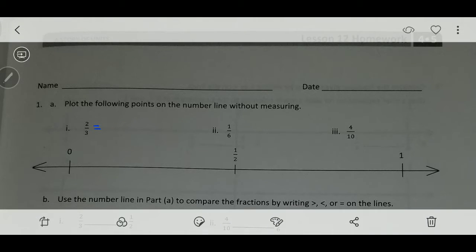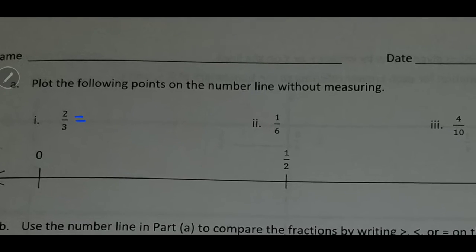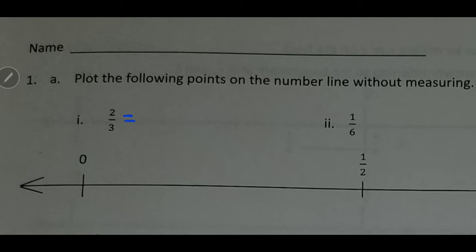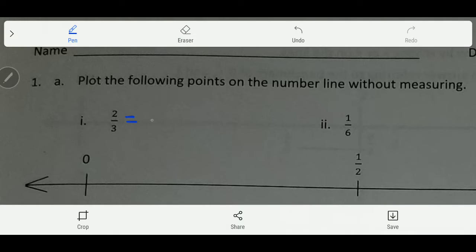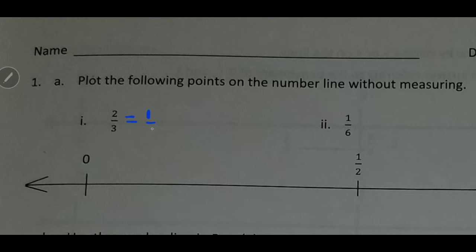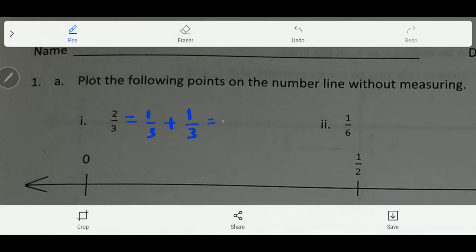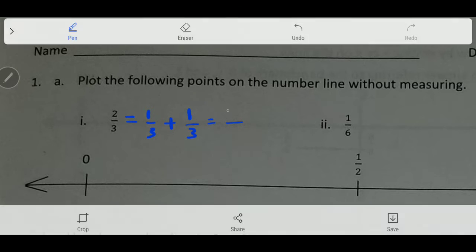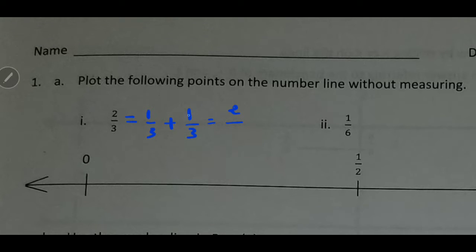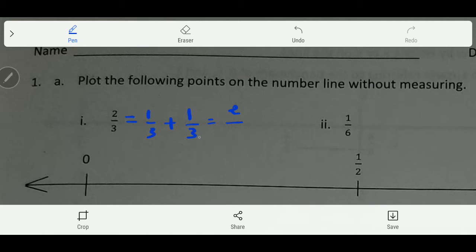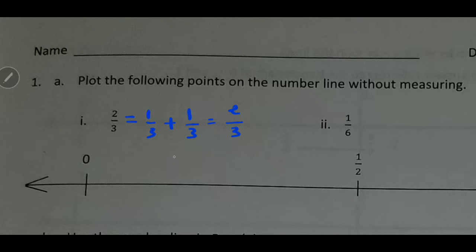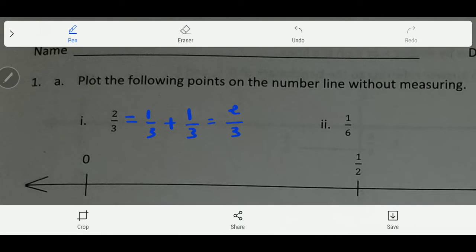I'm sure you have learned in previous lessons that 2/3 is just like 1 over 3 plus 1 over 3. It's exactly like you have 2 on the numerator, right? You just add, because it's the same denominator, and you have 3 here. So this is exactly the same.